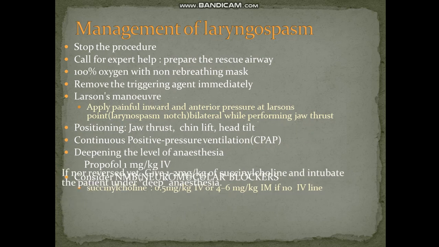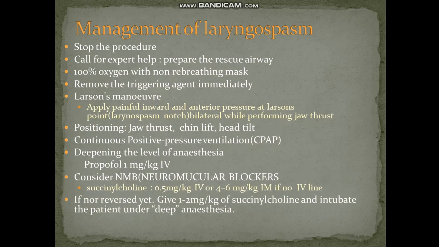Then, if not reversed yet, we have to give an intubating dose of succinylcholine, that means 1 to 2 milligram per kg of succinylcholine, and intubate the patient under deep anesthesia.